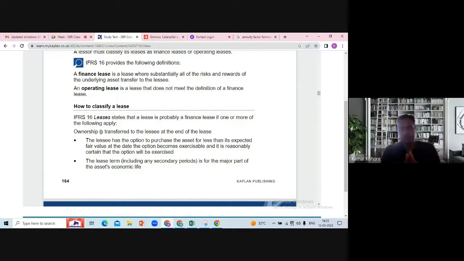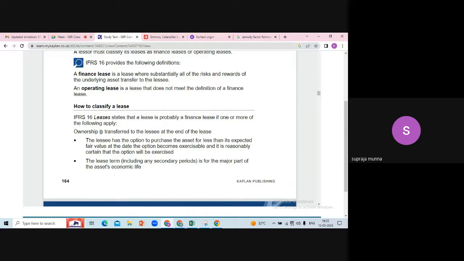Now, when I'm issuing preference shares, what is the difference between preference shares and equity shares? Preference shares are given mainly to preferred shareholders, a few specified people.